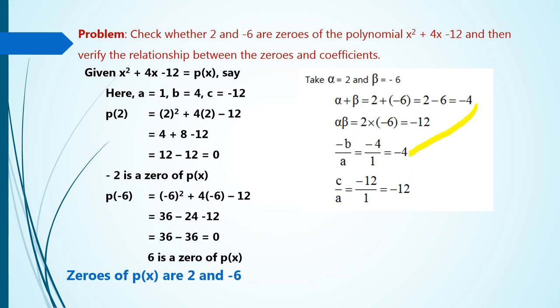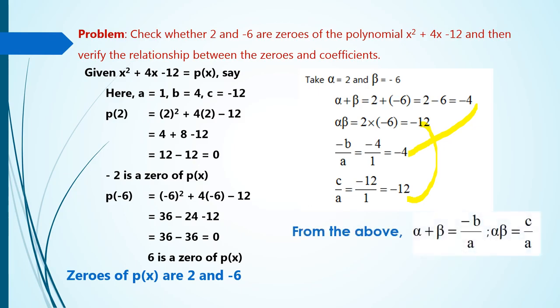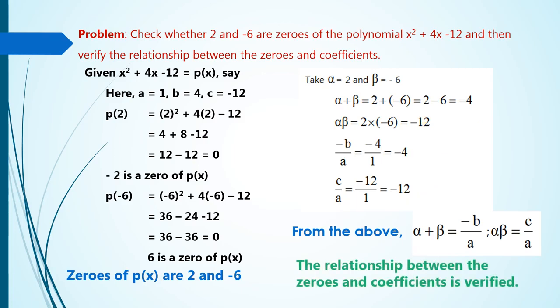Very clearly alpha plus beta and minus b by a are equal, both are minus 4, and alpha beta and c by a are also equal, both are minus 12. From the above we can conclude alpha plus beta is equal to minus b by a and alpha beta is equal to c by a. Therefore the relationship between zeros and coefficients is verified in this case.